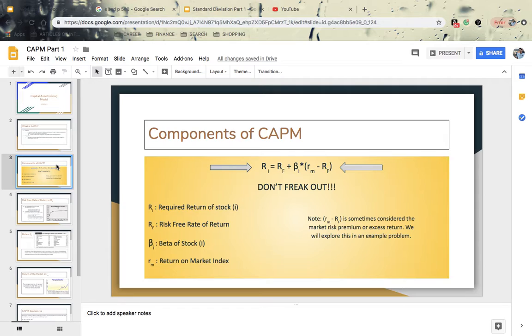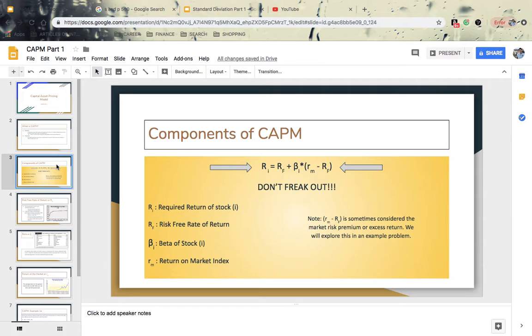So basically the return that you would get if you were to invest in the S&P 500, which is the most often used index for these kinds of calculations. The S&P 500 is just a better indicator of the market as opposed to the Dow Jones or the Russell index or anything like that. So you're probably going to use the S&P 500. And then minus Rf, that is the risk-free rate again. So we'll go over that.